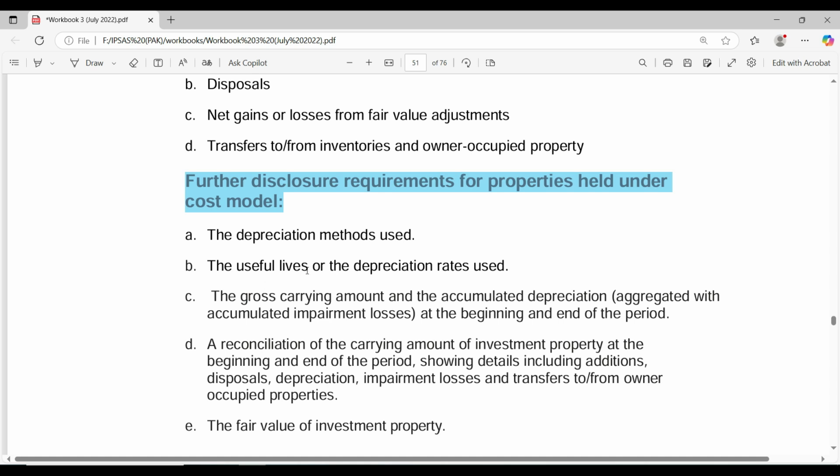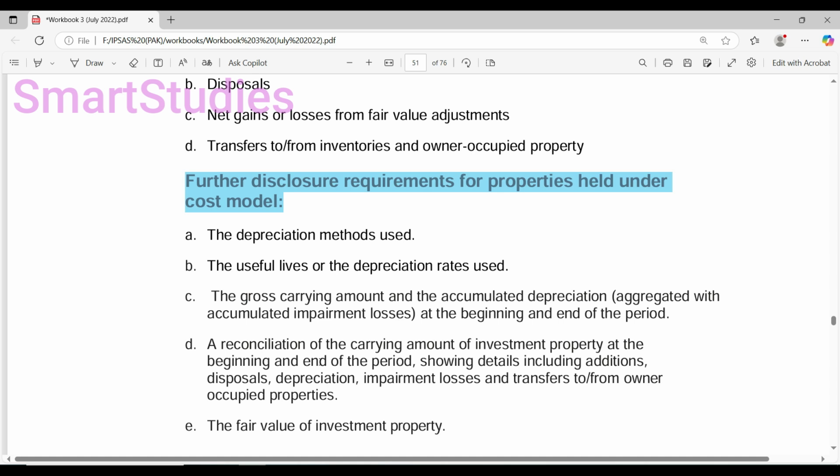The useful lives or the depreciation rate used, whether depreciation at 20%, 10%, should be disclosed. The useful life, the life of assets, whether it is 10 years, 20 years or anything else. The gross carrying amount and the accumulated depreciation at the beginning and at the end of the period.